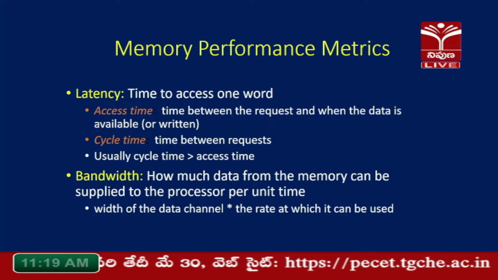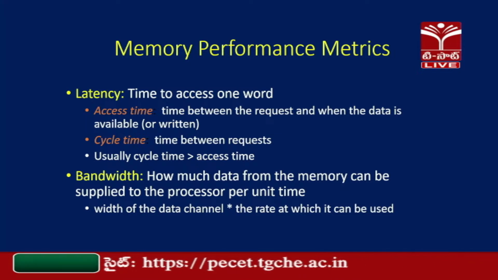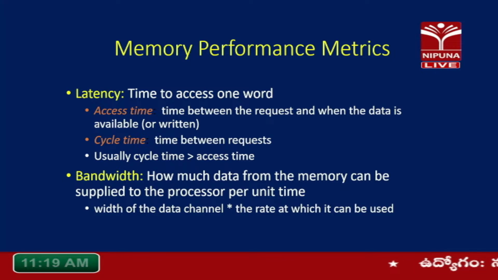That means the data could be 8-bit, 32-bit or 64-bit, and depending upon the width of the data channel, how much data we can pull into the CPU or closer to the CPU, the bandwidth determines the total performance of the memory.